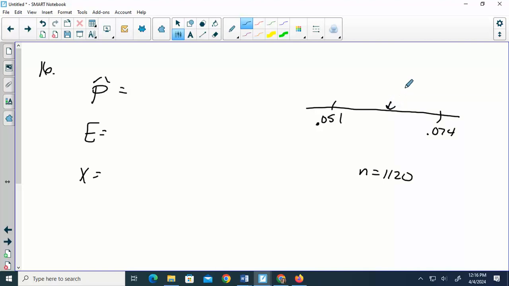When you set up your confidence intervals, what's the thing in the middle? p hat. So to find your p hat, what do we need to do? Yep, average. Add them up, divide by 2. So our p hat is 0.0625.